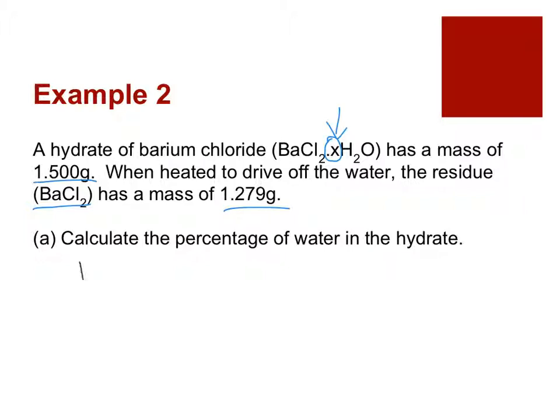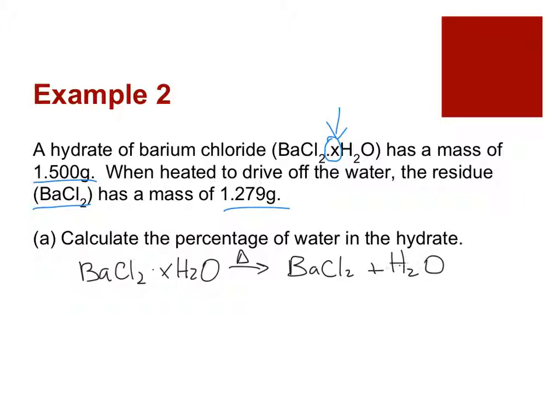So, in order to do this, we need to write out an equation to see what's going on. So when you take a hydrate and you heat it up, I'm going to use delta as a symbol for heating. You're going to separate the ionic compound from the water because the water is going to evaporate and come off.